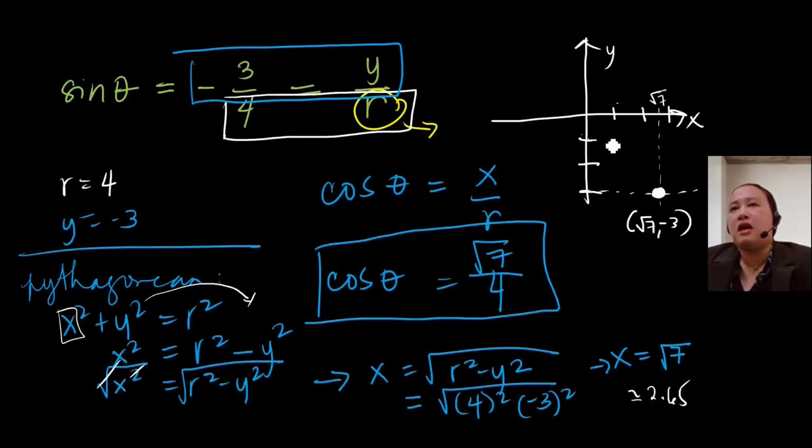So for us to see the angle, what we have to do is just draw a line. Let us draw a line from the origin towards the point. Okay, so this is our r that is equivalent to 4. And then we're going to put the theta. The theta should be in between the terminal side and the x-axis.